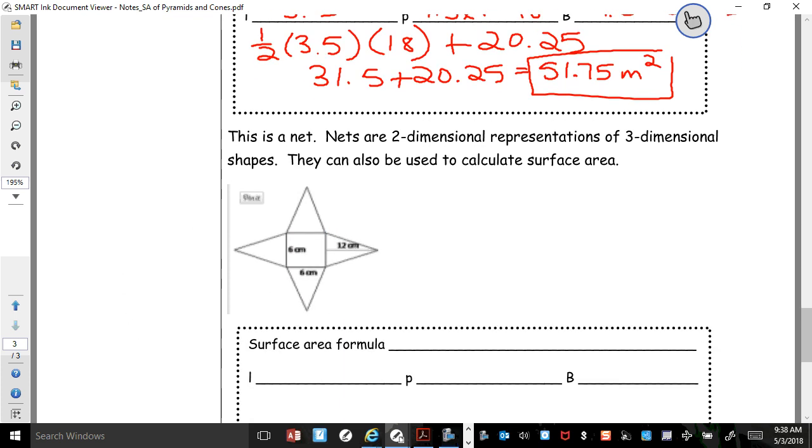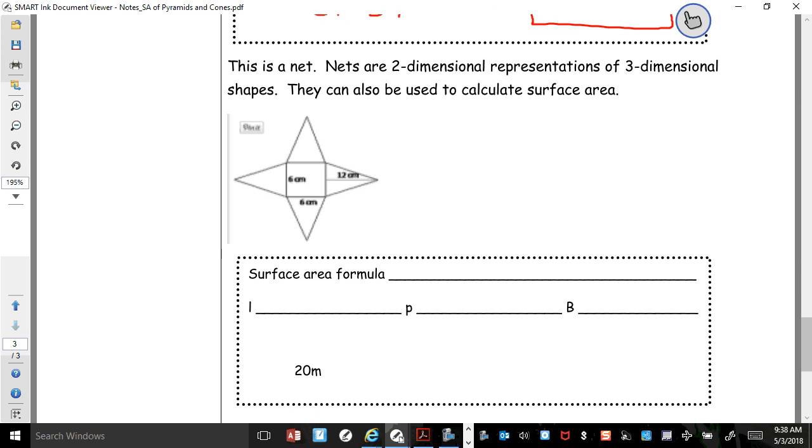Now this is something that we have not really talked about, that we're going to talk about Monday. But we threw it in there because you're going to have to recognize the 3-dimensional and then the 2-dimensional. There's more than one way to draw a 2-dimensional.